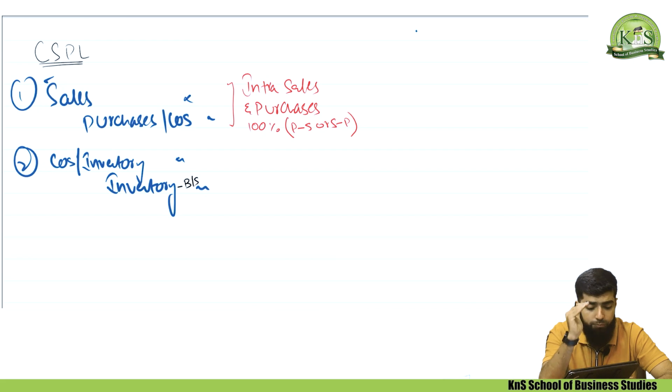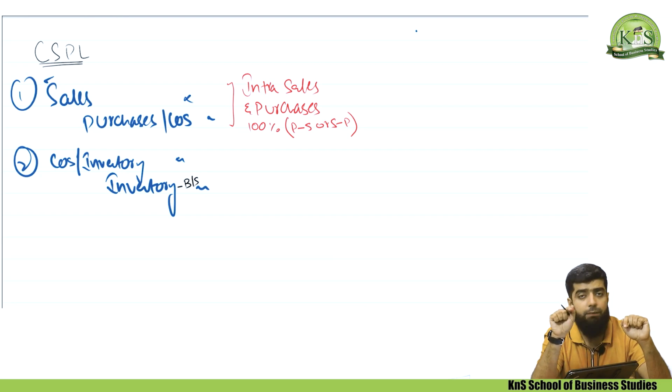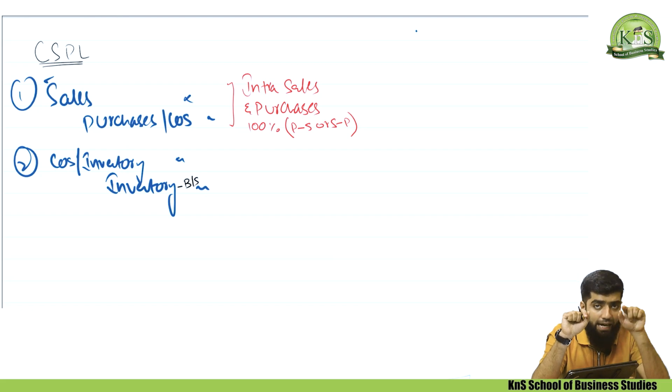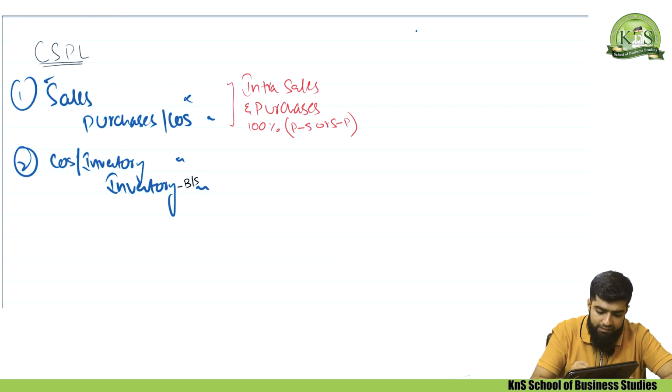That needs to be remembered: if we are eliminating the unrealized profit, we will not use the subtract sign; we'll use the addition or plus sign to eliminate the amount of URP. So that is the adjustment that will be made in the consolidated P&L.